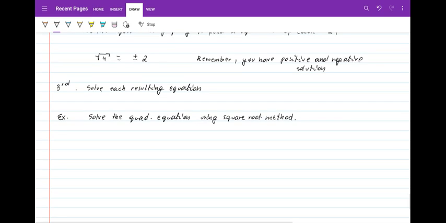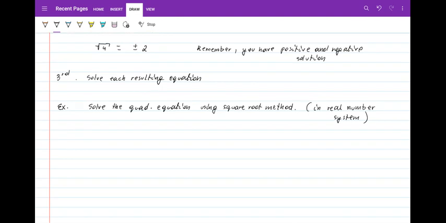And I'm going to say it in real number system, so we're not talking about imaginary numbers here. So the first one, A, we have x squared minus 16 equals 0. So like you see, we can apply that square root method because we don't have an x.